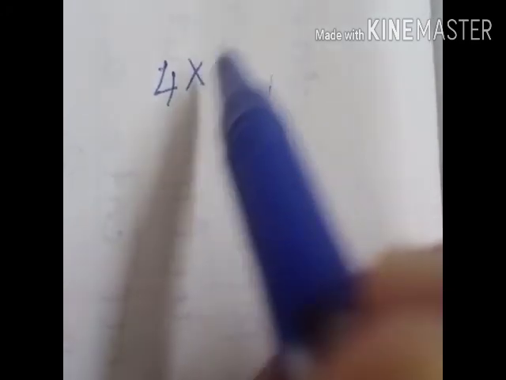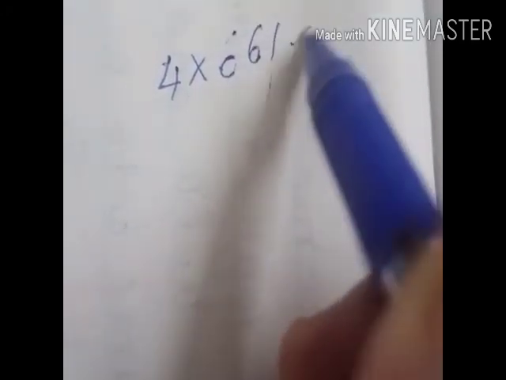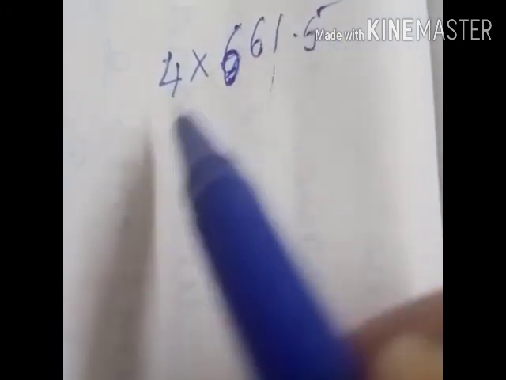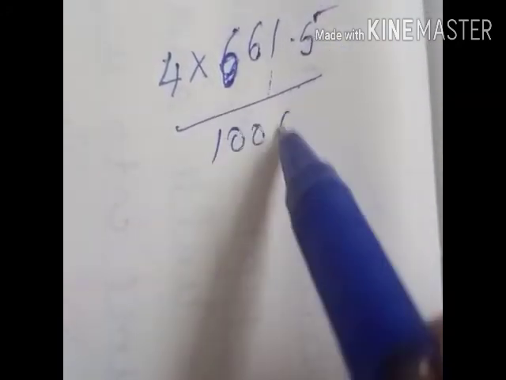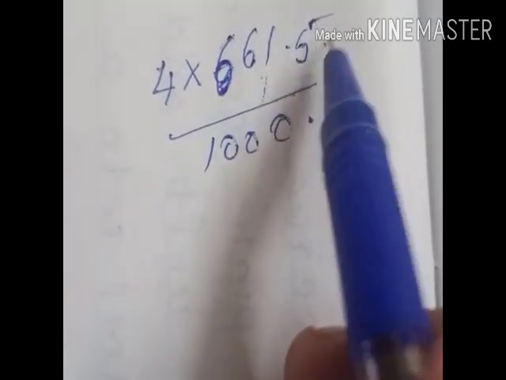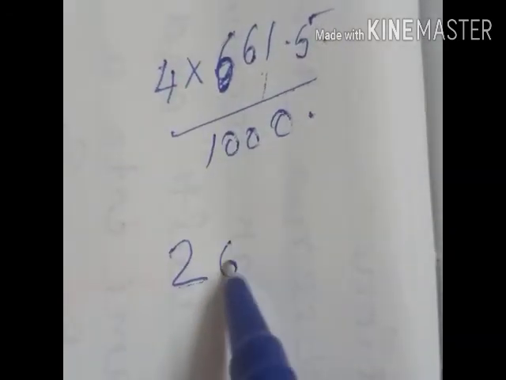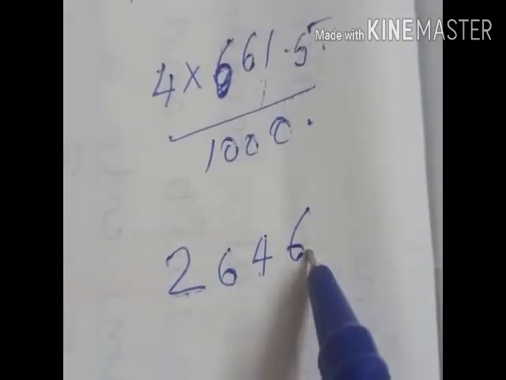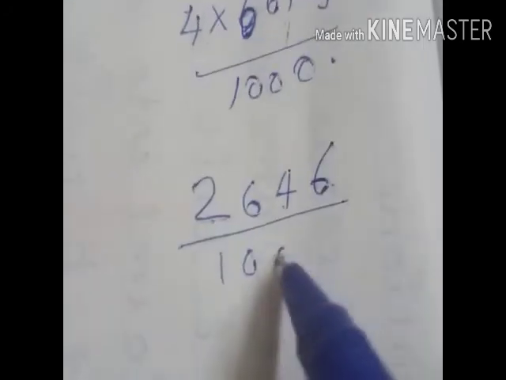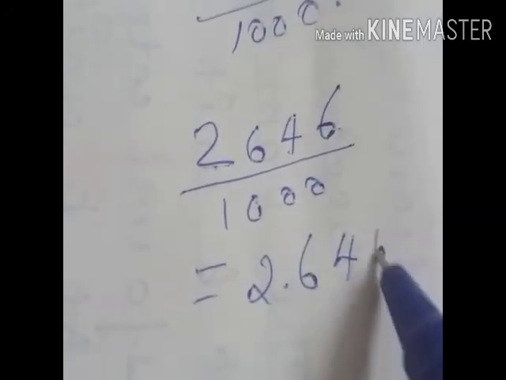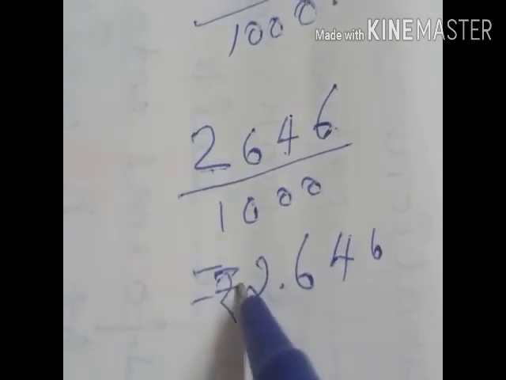That is equal 4 into 661.5 by 1000. Then 4 into 661.5 becomes 2646. Then it is divided by 1000. That is equal 2.646. This is rupees.